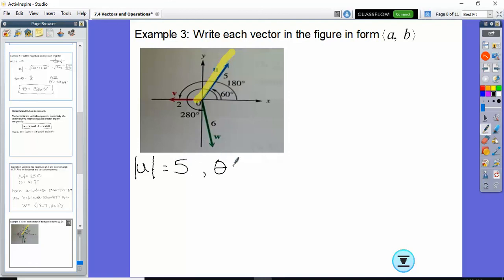What is the angle in that picture? 60. So to get the vector U, you do the magnitude times the cosine of your angle for the x, magnitude times the sine of your angle to get the y. It's just your vertical and horizontal components.